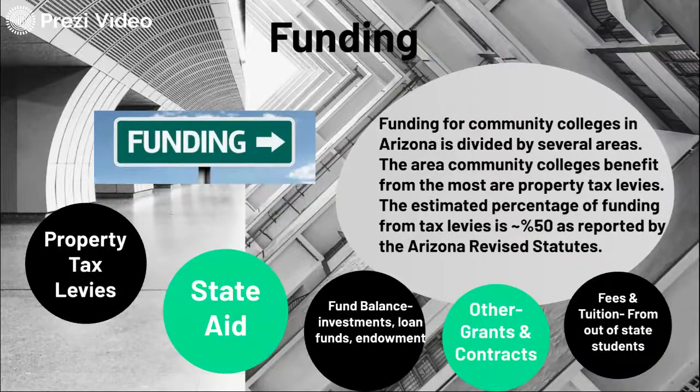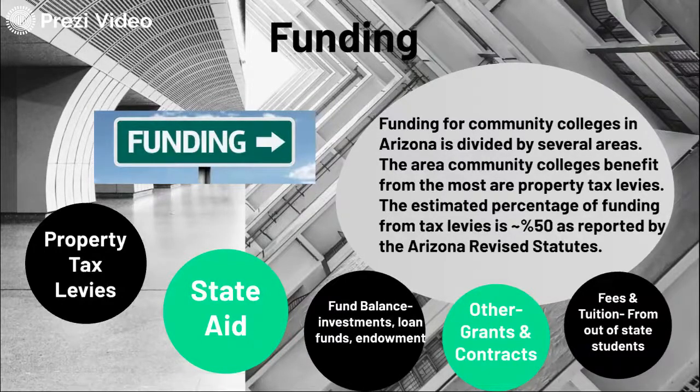Funding for community colleges in Arizona is divided by several areas. The area community colleges benefit from the most are property tax levies. The estimated percentage of funding from tax levies is around 50%, as reported by the Arizona Revised Statutes.